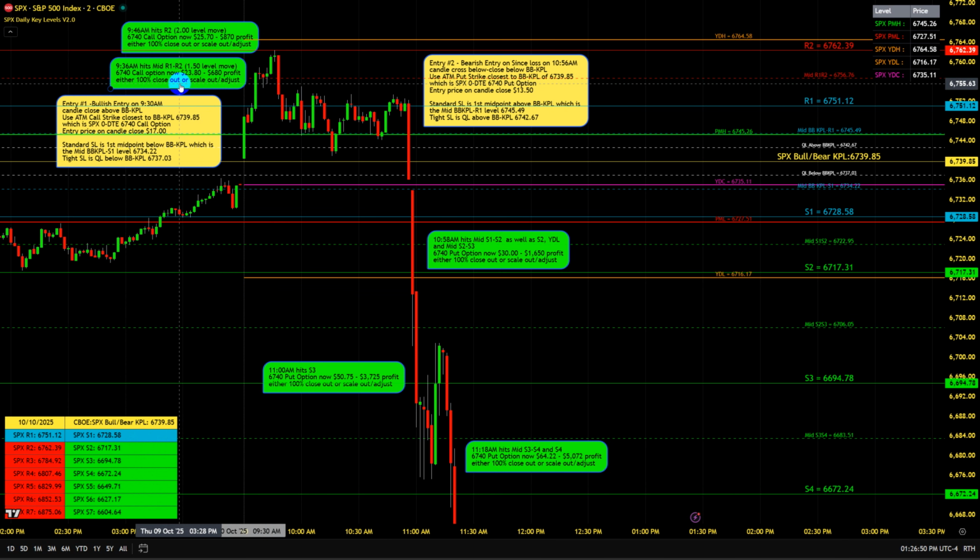So again, you're either closing out all of your options here on this minimum target. That's up to you to decide if you're just fine with the minimum 1.5 level target or not. So if you are, and that's going to be your process, then you would close out 100% of your contracts here, or you would make an adjustment to your stop loss.